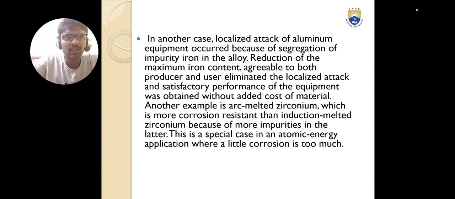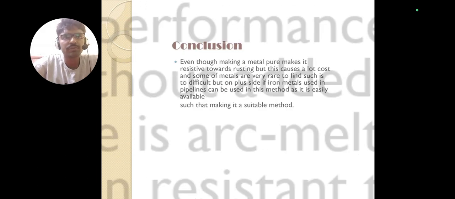Another example is arc melted zirconium, which is more corrosion resistant than induction melted zirconium because of more impurities in the latter. This is a special case in an atomic energy application where a little corrosion is too much.